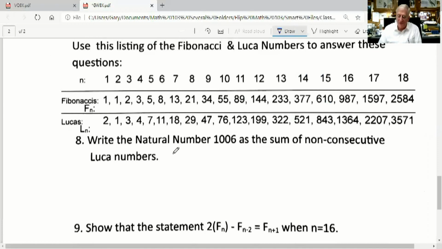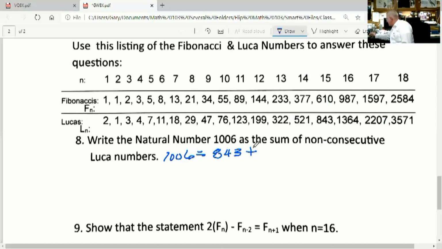So let's see, I'm going to start by writing down 1006, and I'm going to look for the closest Lucas number to it which is smaller than it, not larger, but smaller. Well, it appears to be 843, right? Okay, something has to be added to 843 to get 1006.